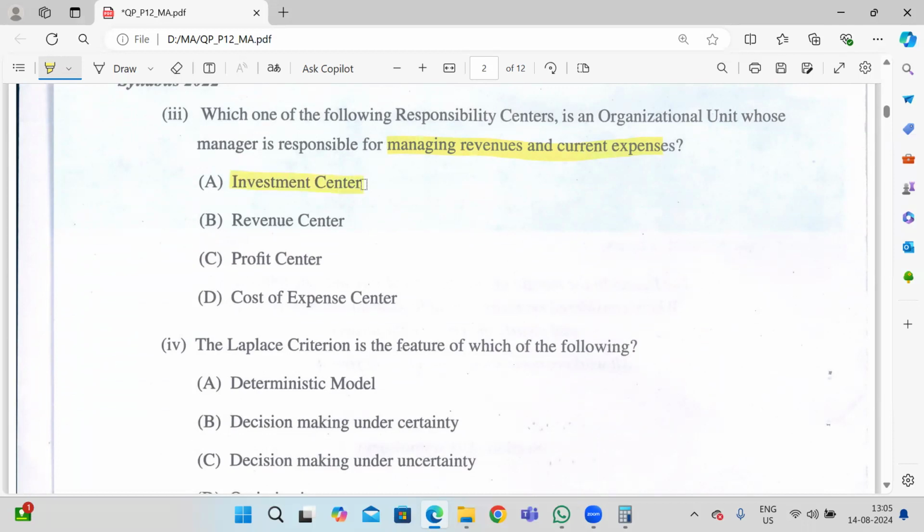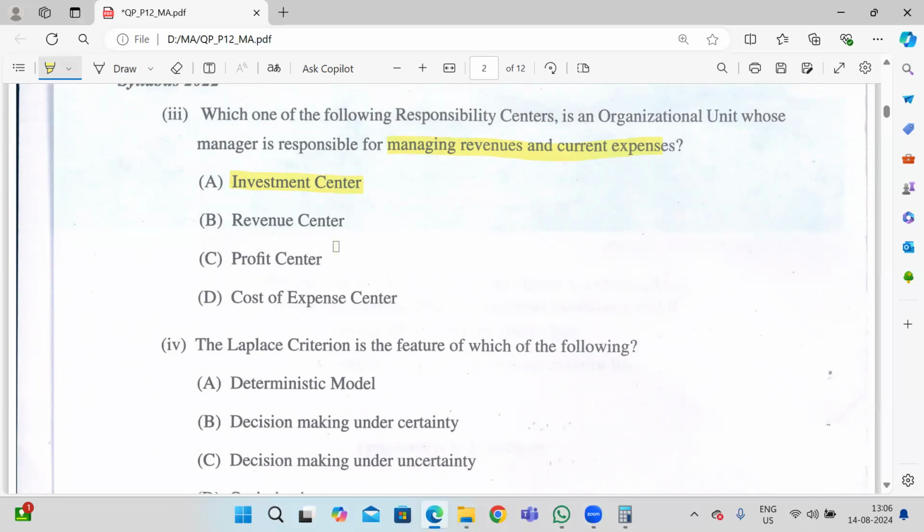Most people will get confused between investment and profit center because of similar terms. If it is profit center, it should be given here as generating revenue and current expenses. There is a difference between generating and managing revenues. For profit center, it should be generating revenue and current expenses for an activity. So here the answer should be investment center.